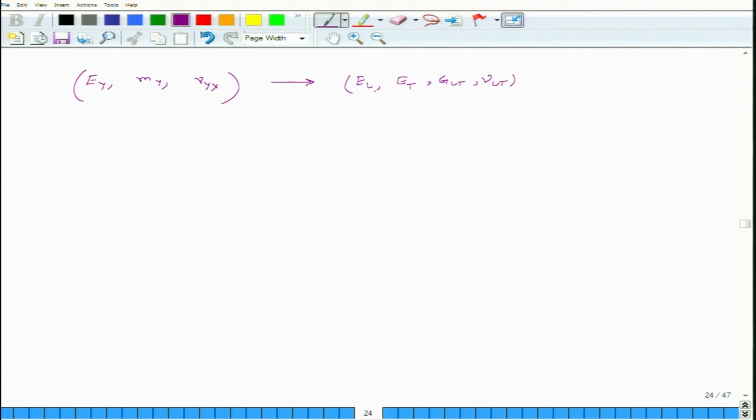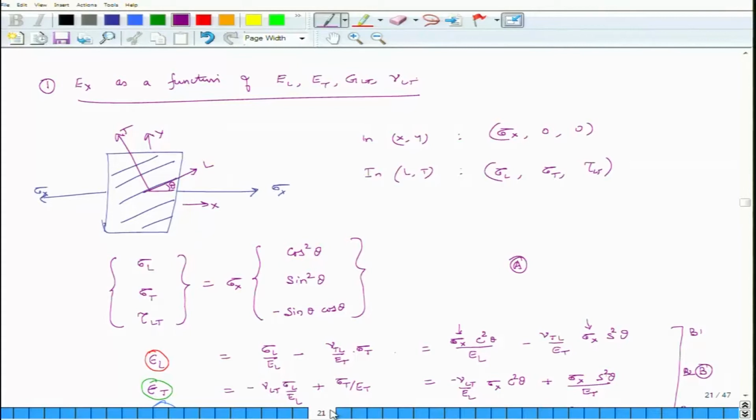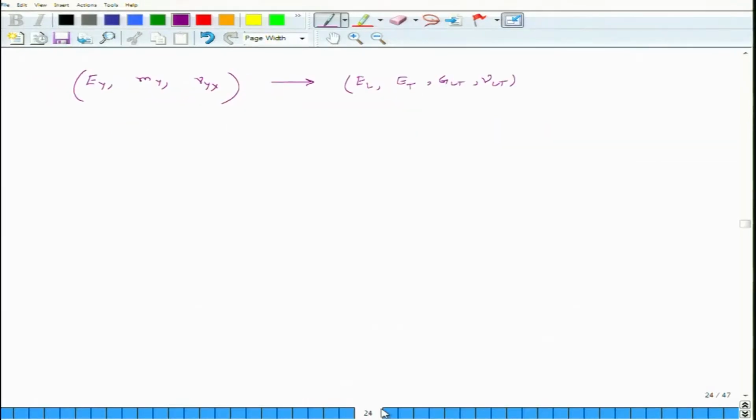So we will develop these three relations. For the first set of relationships, we had loaded the material in the x direction. Now we load the material in the y direction and we will get similar relations.